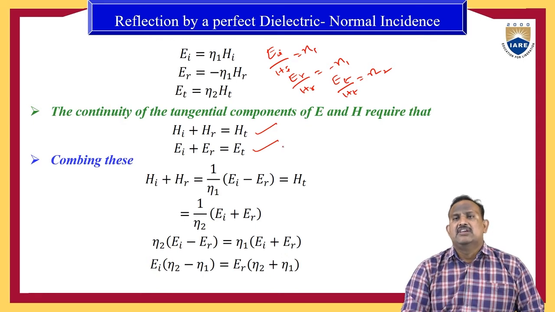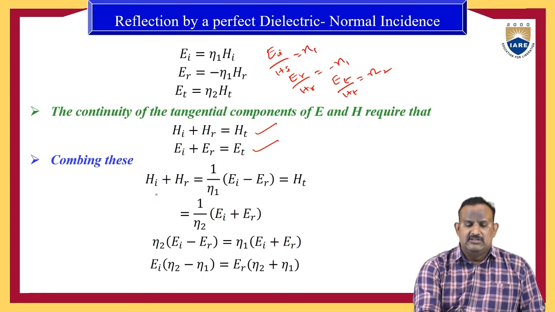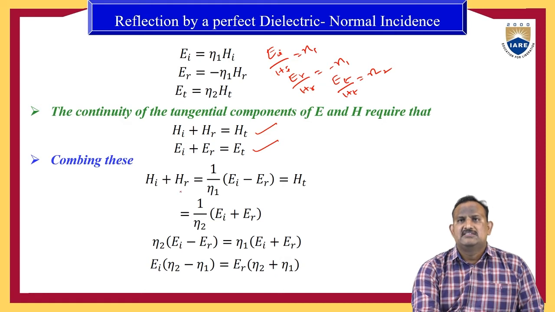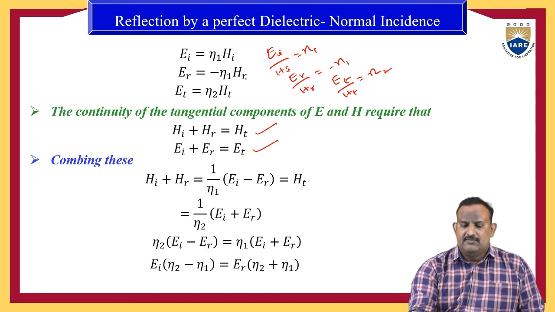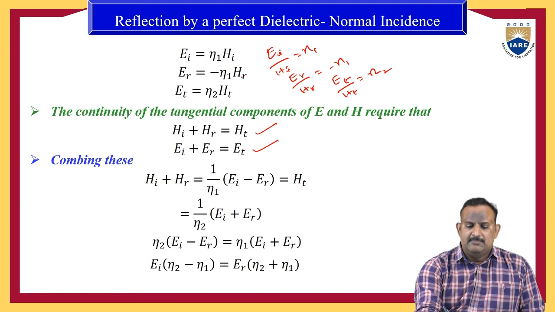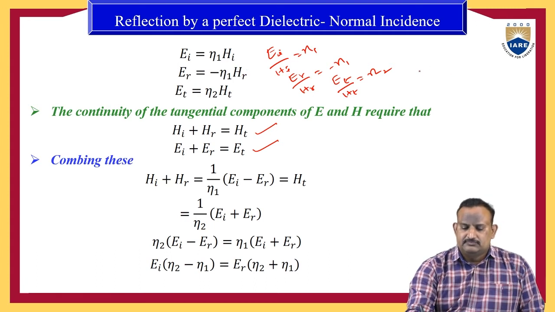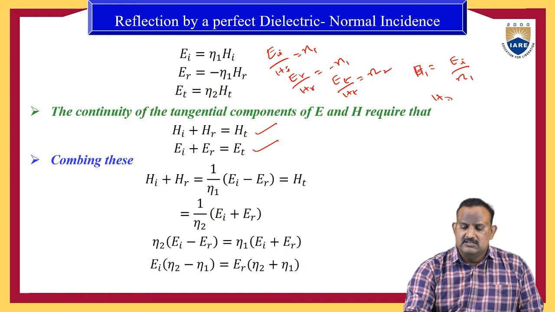If we combine these two equations, we have HI plus HR equal to HT. From these equations, HI is equal to EI by eta 1, and HR is equal to minus ER by eta 1.